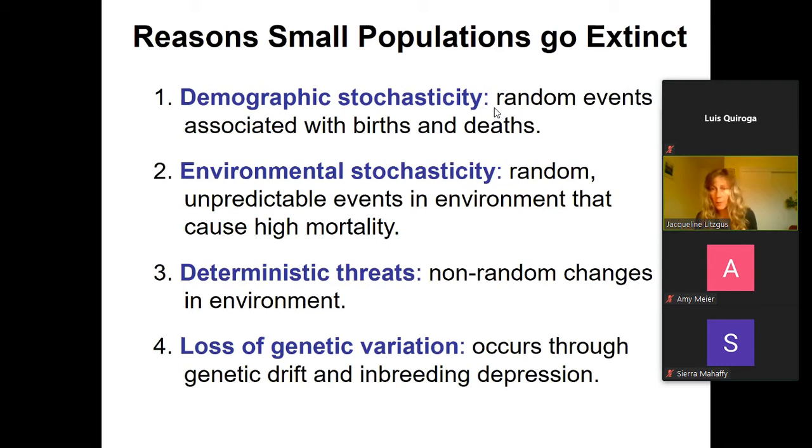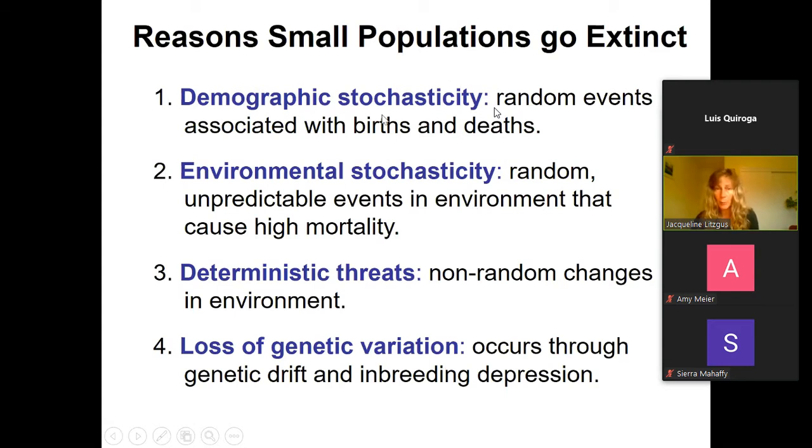So the point to know is that when you have these random events dictating birth rates and death rates, you can end up with fluctuating populations. And every time there's a decrease, there's an even greater chance of going extinct, because small populations can just wink out. Okay. Environmental stochasticity: this is random, unpredictable events in the environment.